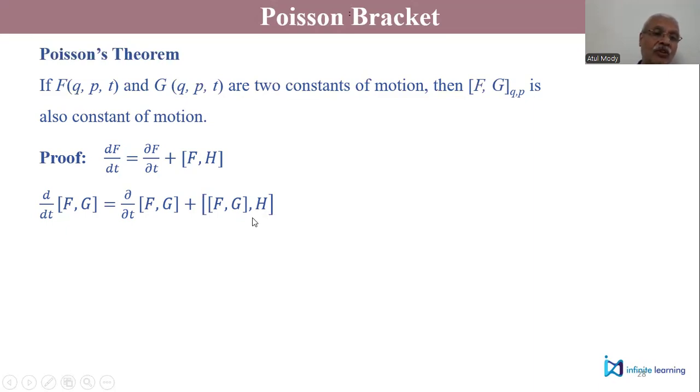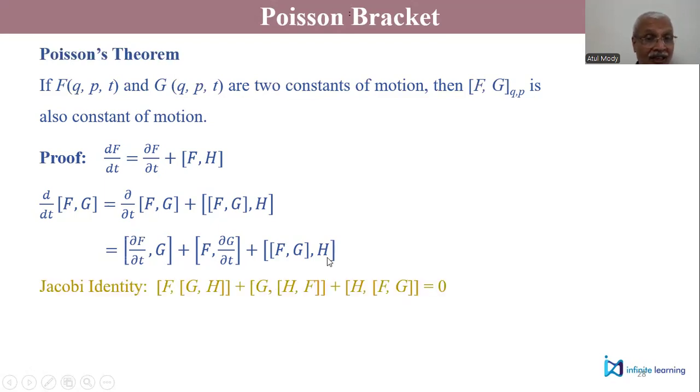H is the Hamiltonian, of course. And then you can actually do the differentiation as we have seen in one of the properties. The partial derivative will split into two brackets, and then you have, of course, the last term as it is. And for the last term, we use the Jacobi identity.